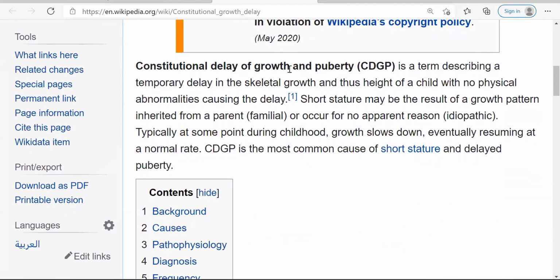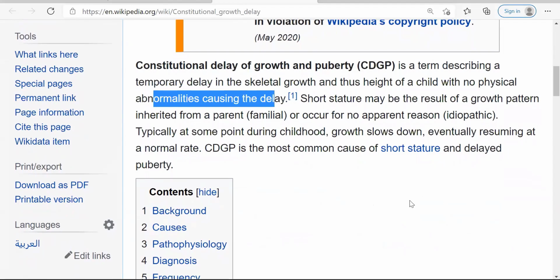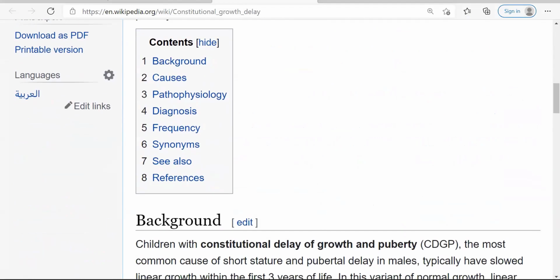Constitutional delay is a term describing a temporary delay in skeletal growth. That's why bone age is a little low, and thus the height of a child with no physical abnormalities causing the delay. Short stature is a type of growth pattern which you inherit from family. So this is the difference.